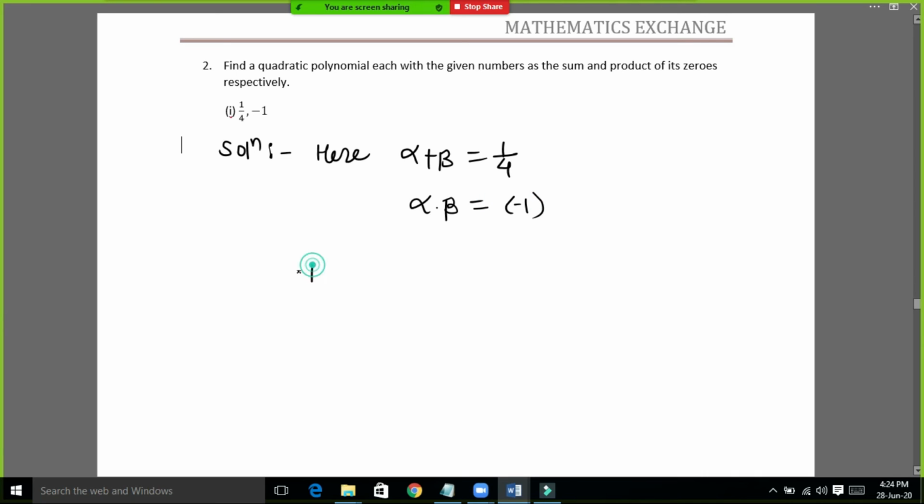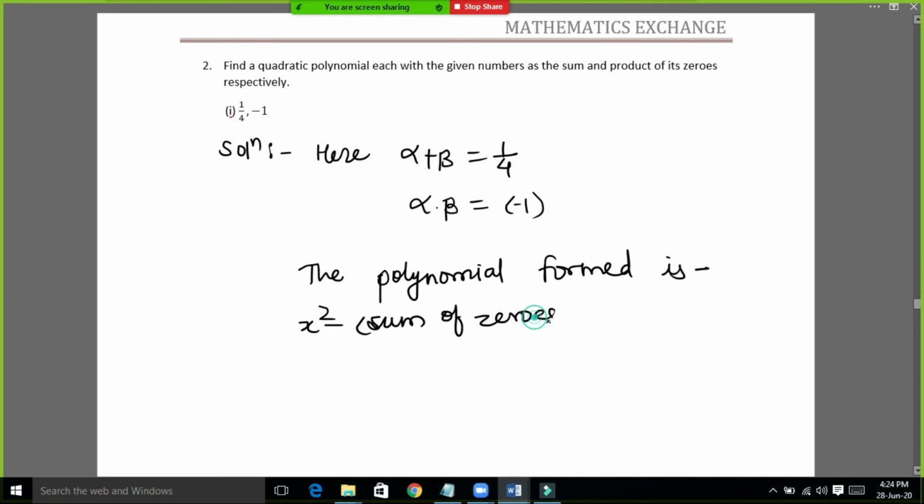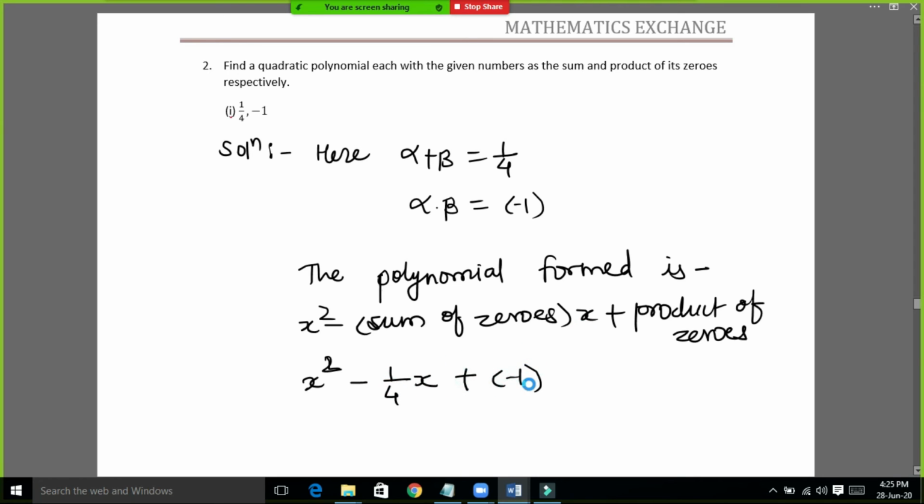So the polynomial form we write down here is x² − (sum of zeros)x + product of zeros. Now substitute these values in this equation. So x² − (1/4)x + (−1). So we have to solve this.